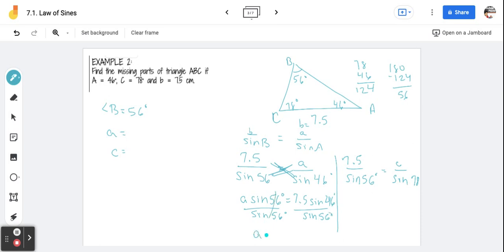So I would go to my calculator, type that in. I'll have that answer, and then over here I'll have C times the sine of 56 degrees equals 7.5 sine of 78 degrees. And then I divide by sine of 56 degrees.